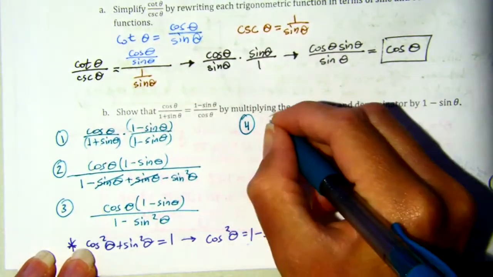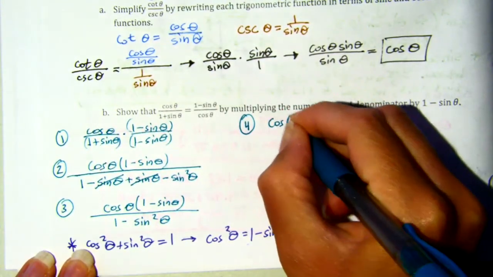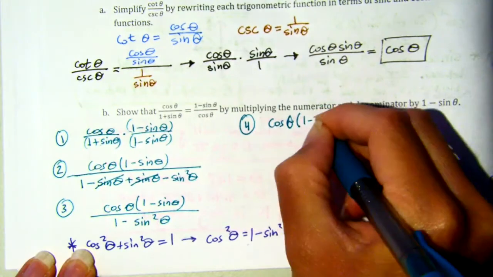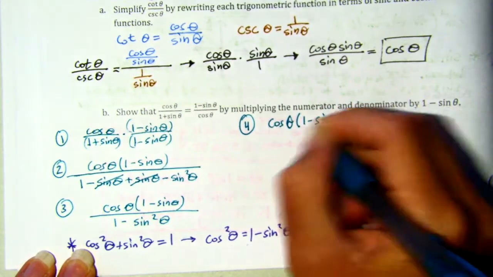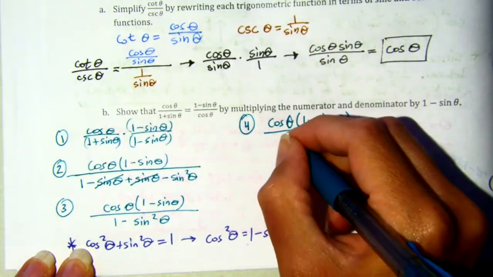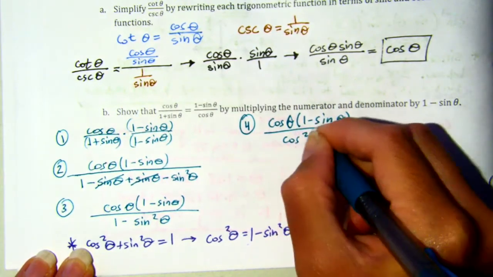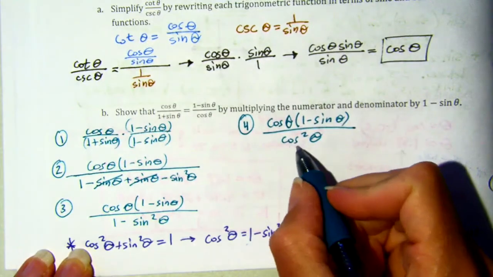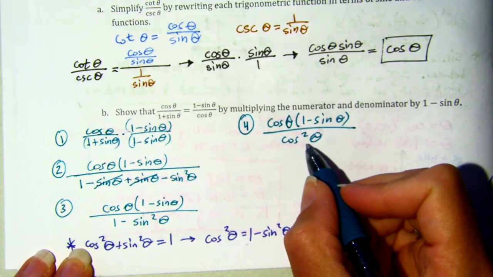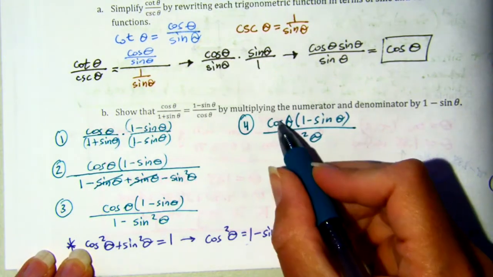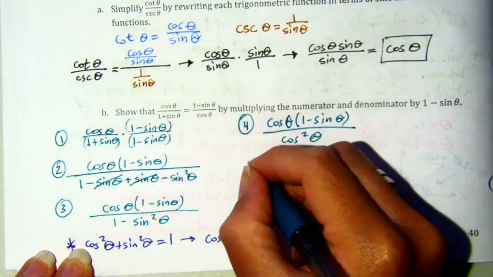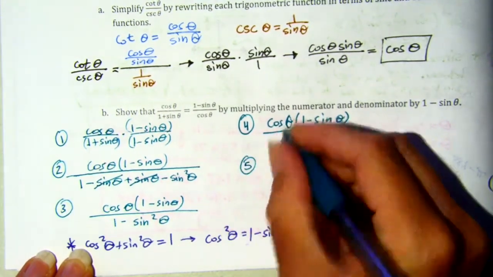So our fourth step, we're still leaving cosine of theta in the numerator times 1 minus sine of theta. And we're going to divide by, instead of 1 minus sine squared theta, we're now going to divide by cosine squared theta. Cosine squared theta is the same thing as cosine times cosine. So one of the cosines in the bottom cancels with one of the cosines in the top.